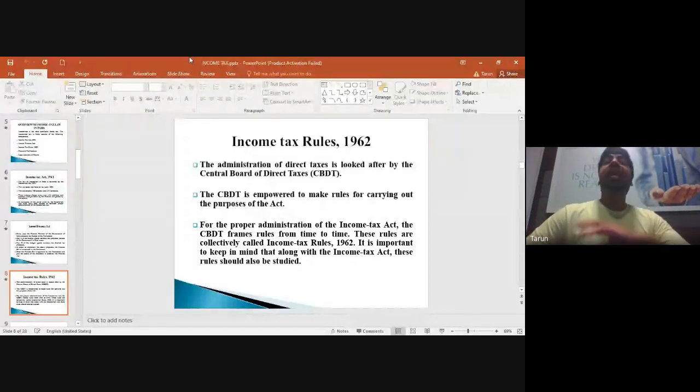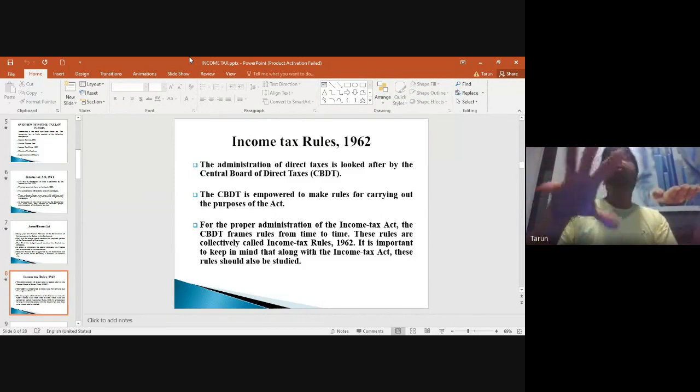The administration of all the direct taxes comes under these rules, and it is governed and controlled by the Central Board of Direct Taxation, which I already explained in the earlier slide.